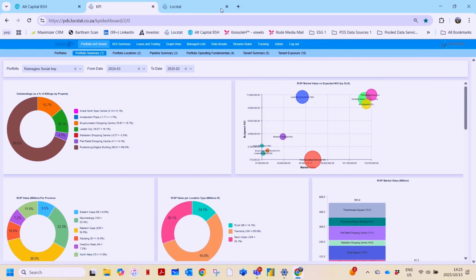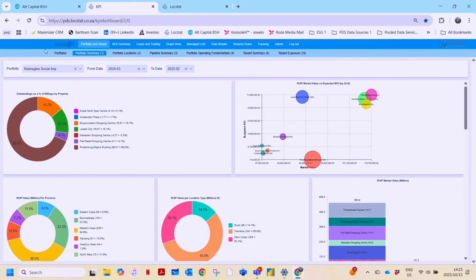What you're looking at here is effectively a portfolio summary. We've got a sequence of around 11 different dashboards. The secret to the system, to me, is that we actually don't want to just overwhelm asset managers or users with data. We want to specifically look to what is the question that's been asked or what is the decision that's being made. So in this particular instance, all we're looking at here is a very clear portfolio summary.